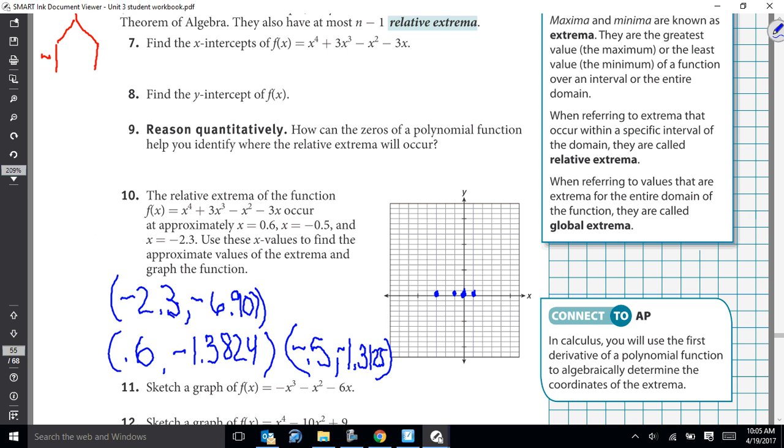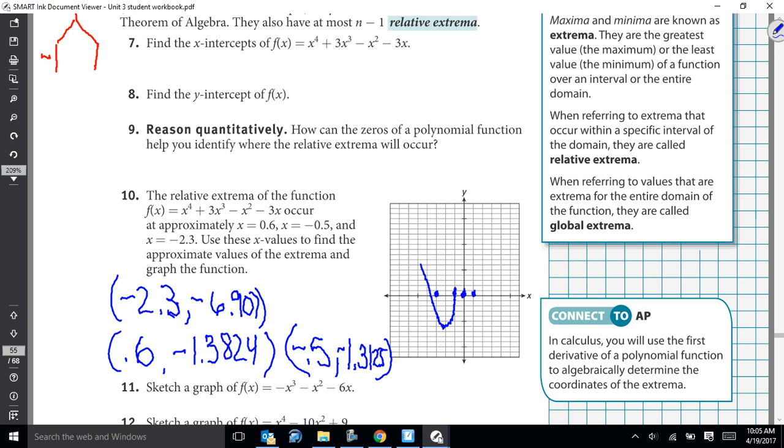Alright, so let's look at this. It's even, so we know both ends are going up, right? So that means that in between we're going down. And so at negative 2.3, we're at almost negative 7. Now, let's double check this one.